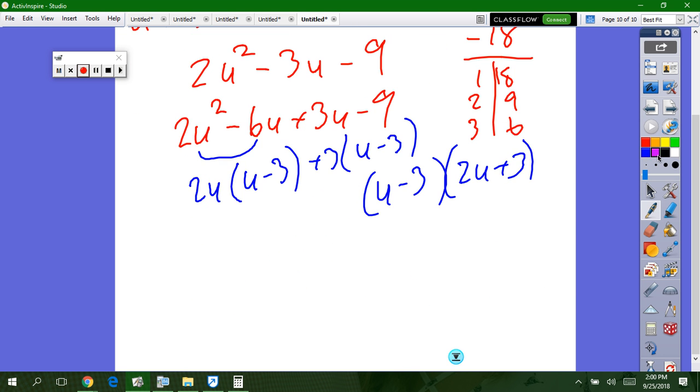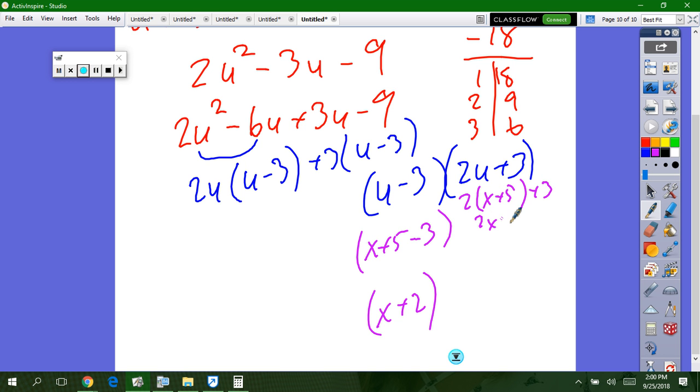I'm not going to distribute. I'm going to substitute them back in. Okay? So instead of u, that's x plus 5 minus 3. What does that simplify to be? Is that one of them? 2 times x plus 5 plus 3. So that's 2x plus 10 plus 3, which is 2x plus 13.